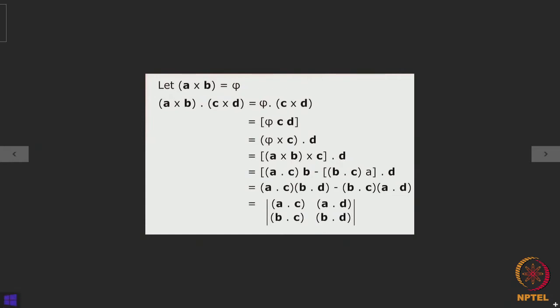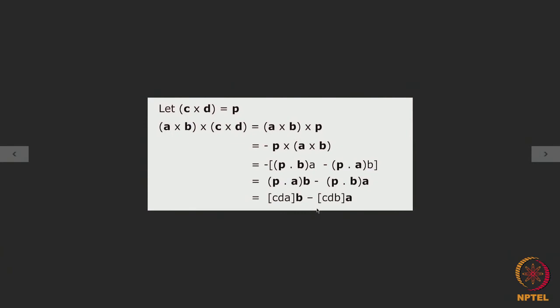Let us go into another kind of vector operation, say A cross B dot C cross D. Again, we put A cross B is equal to a vector phi, and then proceed in the same manner, and we come across the product in the form of a determinant A dot C, A dot D, B dot C, B dot D. So, if we want to find out the product A cross B cross C cross D, again you can put the cross product of C and D as a new vector P, put it in place here.